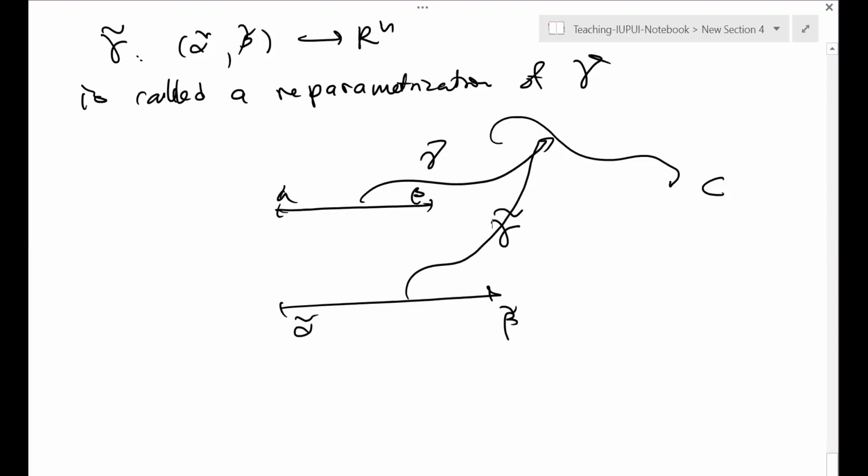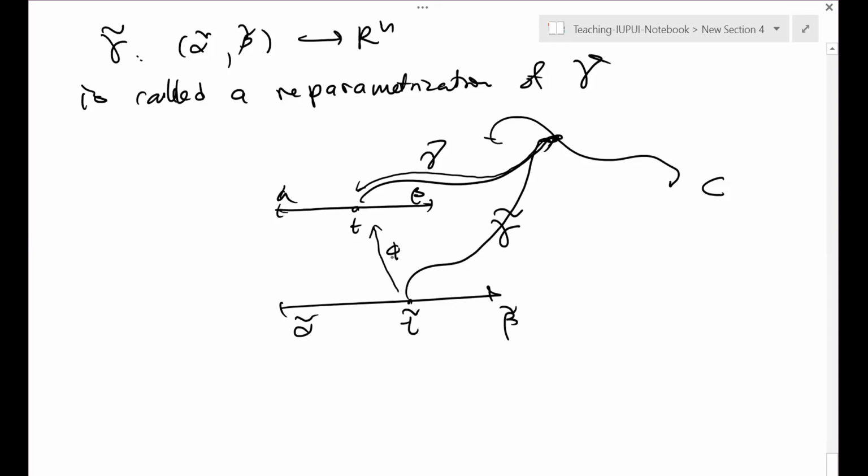So how can I do it? It's kind of one-to-one. So this is a C, and for any t tilde, I go to here to a point, and I can reverse this procedure and go to t. So actually we have a map here, phi.